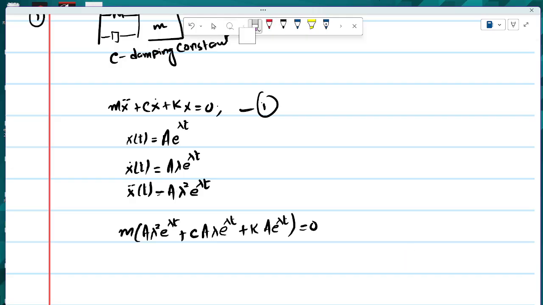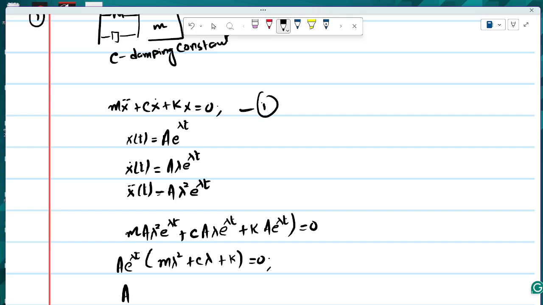We can take out A e^(lambda t) as a common factor, so it becomes m lambda squared plus c lambda plus k equals 0.